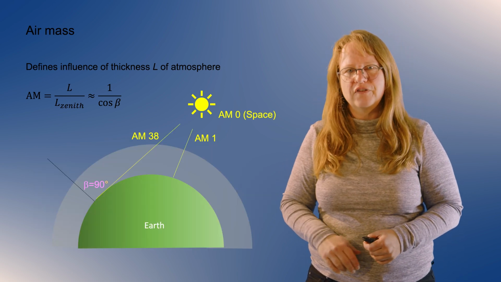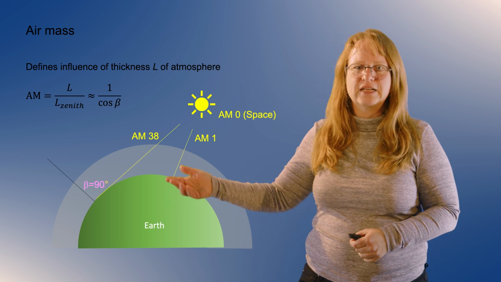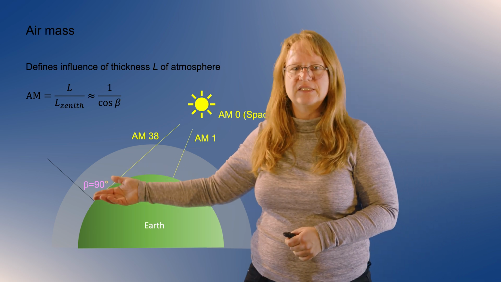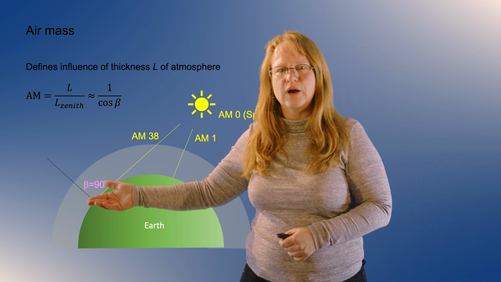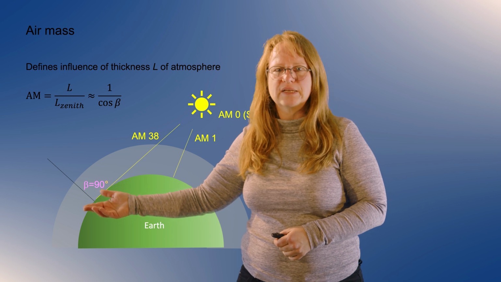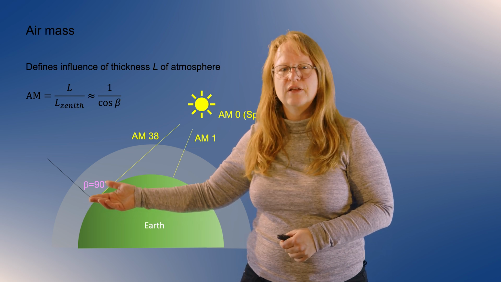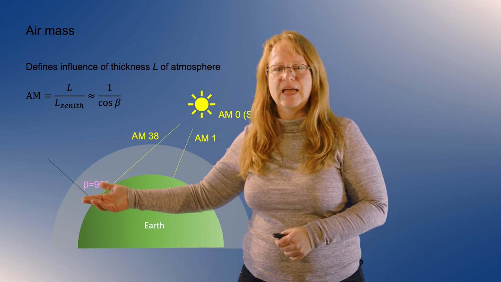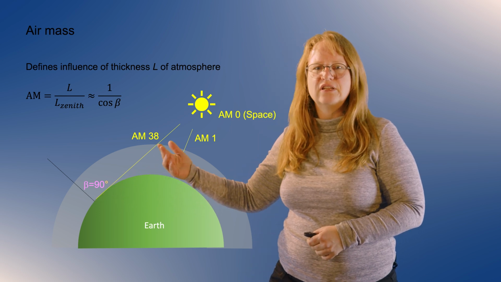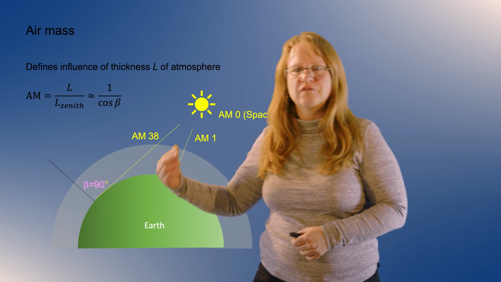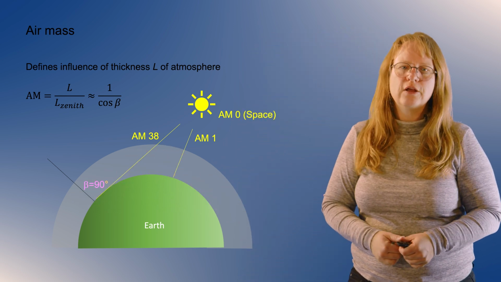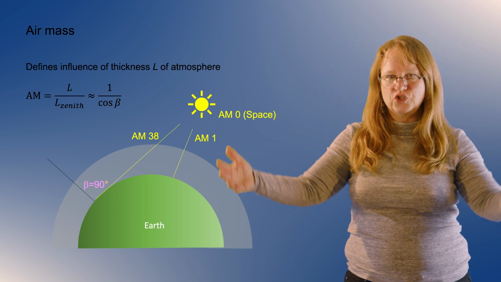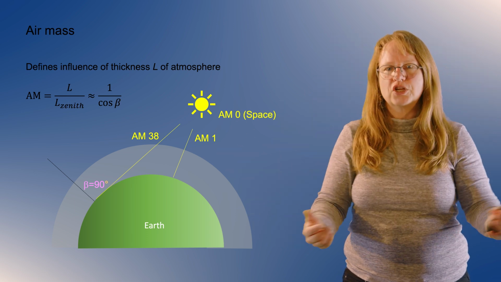If you think of the Earth as being round, you can see that if the sun is going down here at this location, that is, the beta angle is 90 degrees, you still go through a finite amount of atmosphere because the atmosphere surrounds the Earth in a spherical shape.